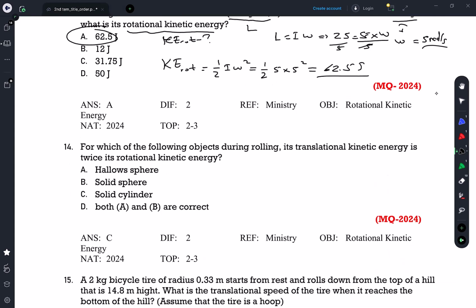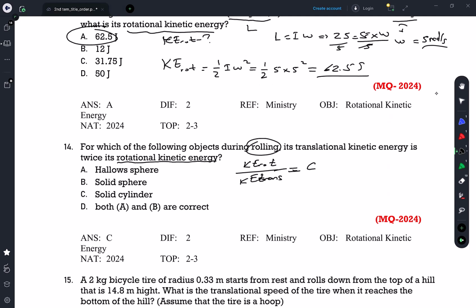Question number 14. For which of the following objects during rolling is its translational kinetic energy twice the rotational kinetic energy? For a rolling object, if rotational kinetic energy is divided by translational kinetic energy, you are going to get its coefficient of inertia C. And remember, in front of every shape there is a coefficient.